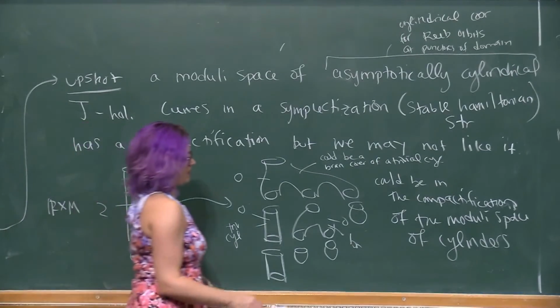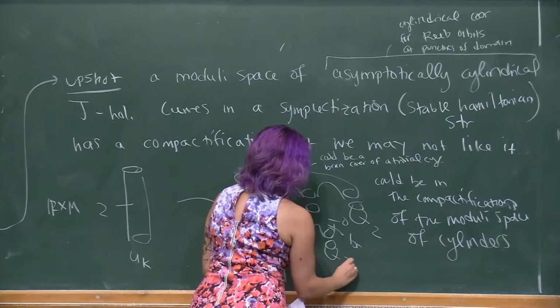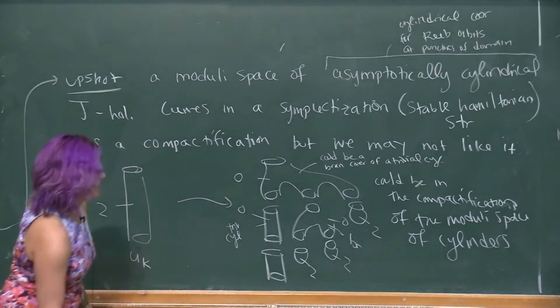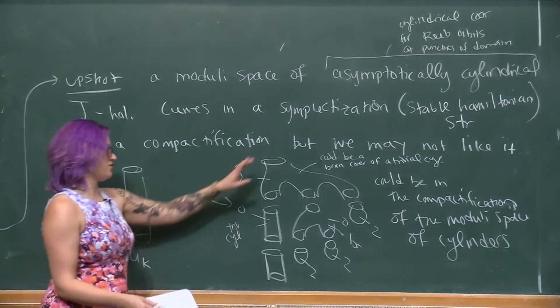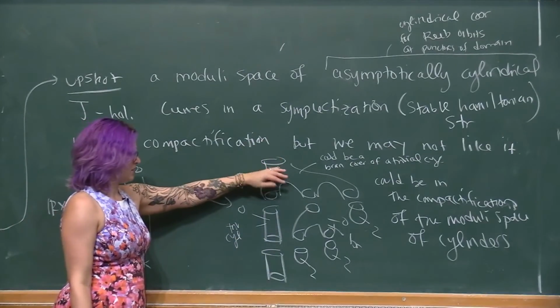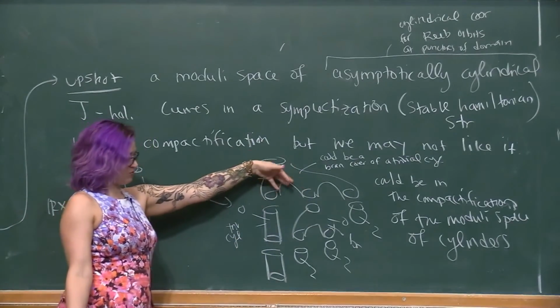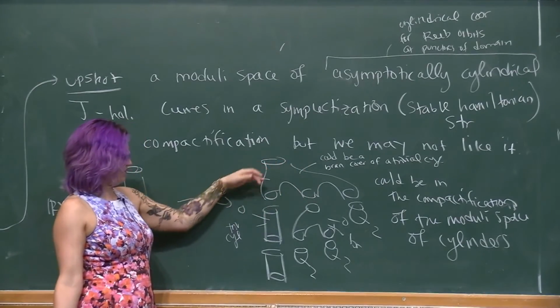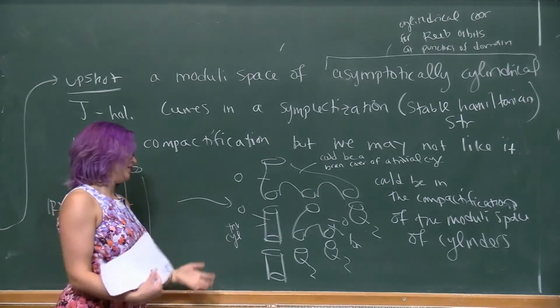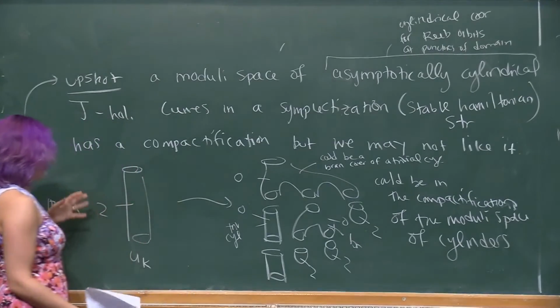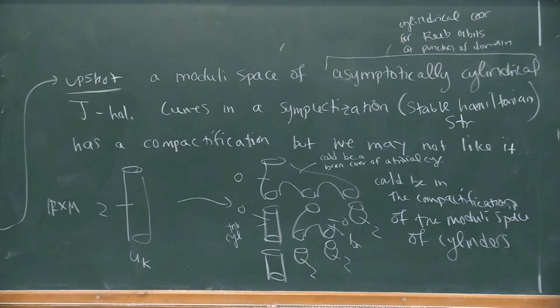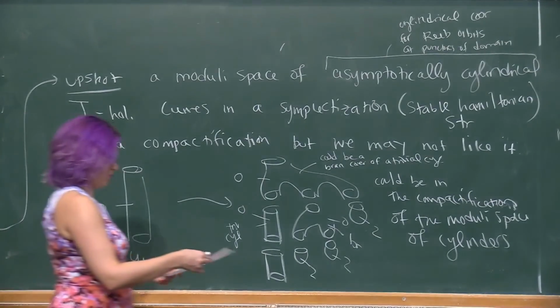So as long as you can rule out gross things with a bunch of negative ends from having sufficiently low index, then you would be okay and be able to say it can only limit onto once broken cylinders, but life is not always that nice.